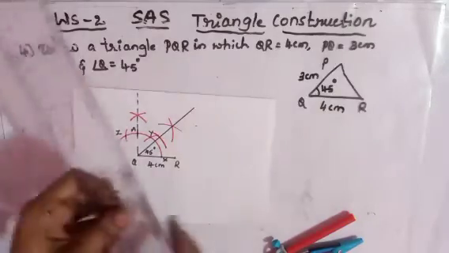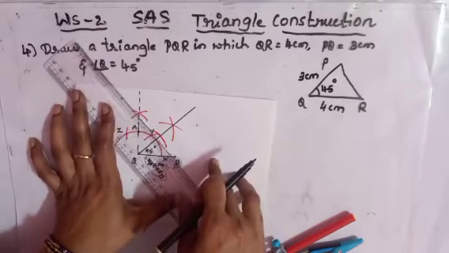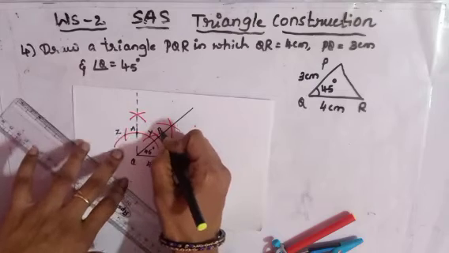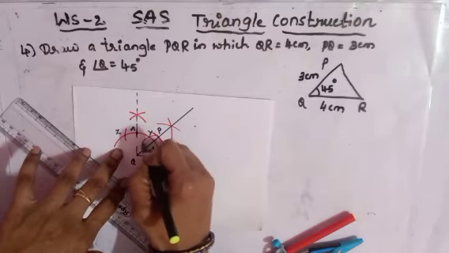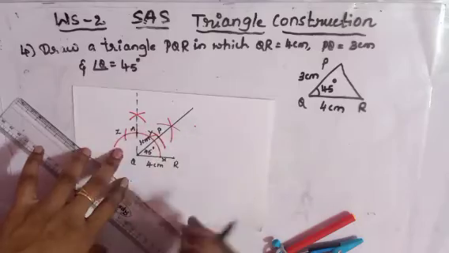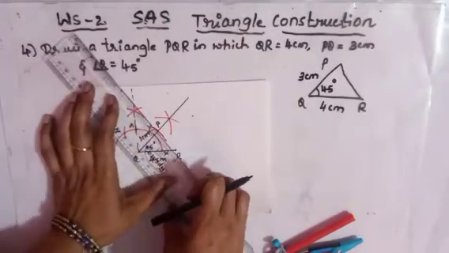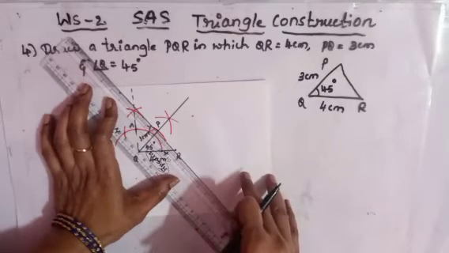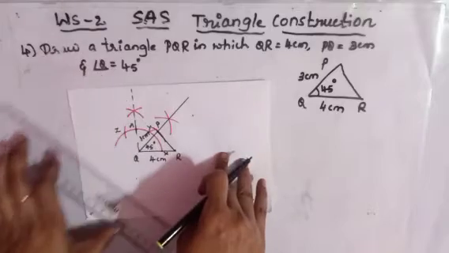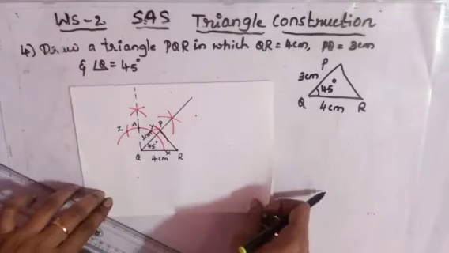Where this arc cuts, name this point as P. And this, how much does it measure? 3 centimeter. So right here PQ is 3 centimeter. Join PR. Now PQR is the required triangle.